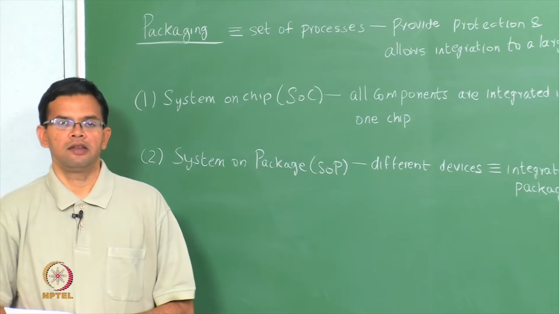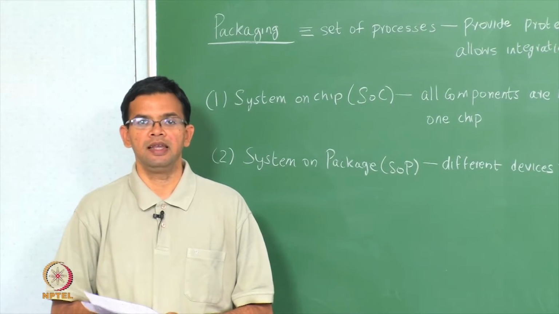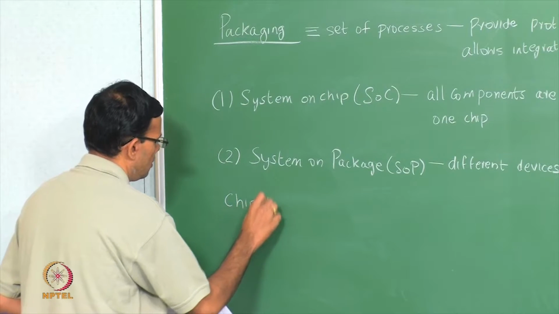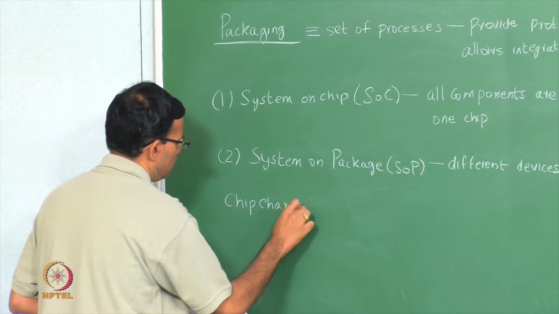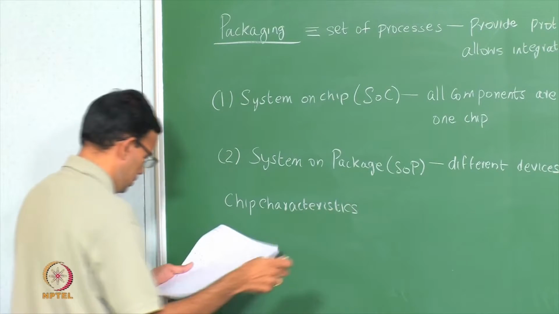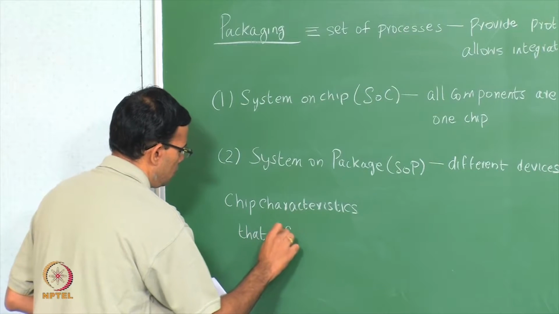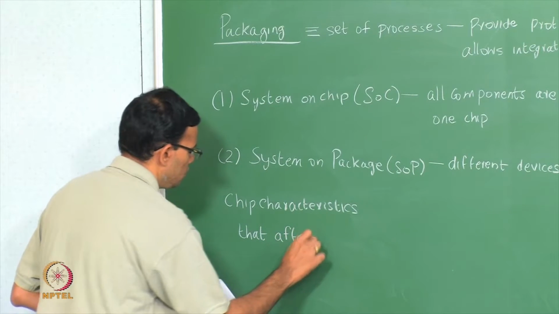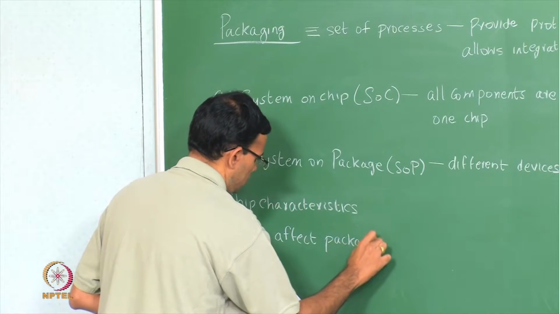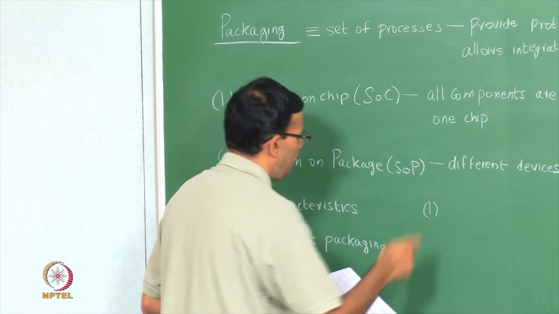So, when we look at the packaging process, the chip characteristics that basically affect packaging are as follows. The first one is the integration level.